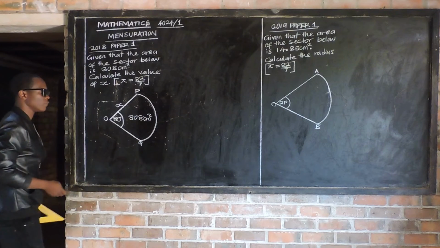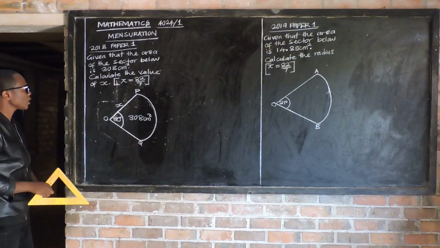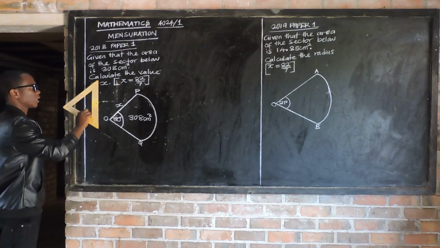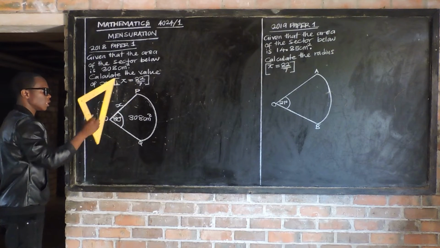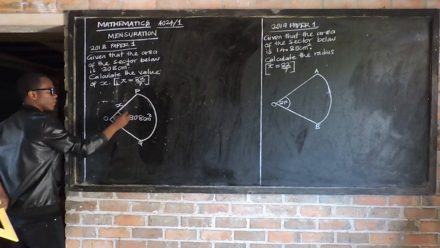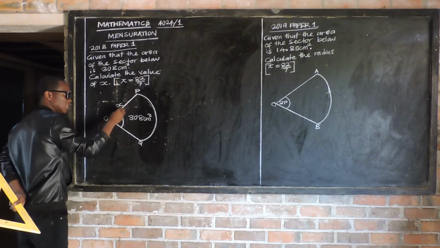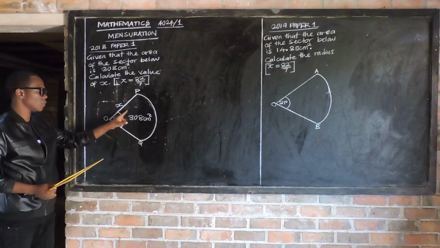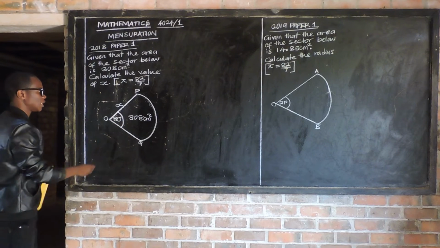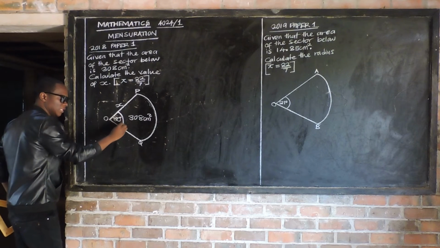Then we're told to calculate the value of x, taking pi as 22/7. So they want us to find the value of x, which is the radius of this sector, whose theta is 80 degrees.